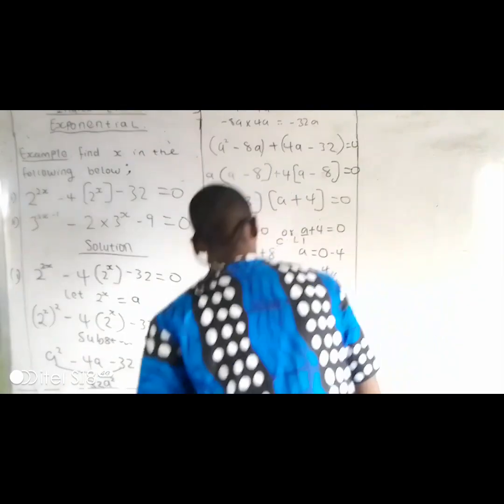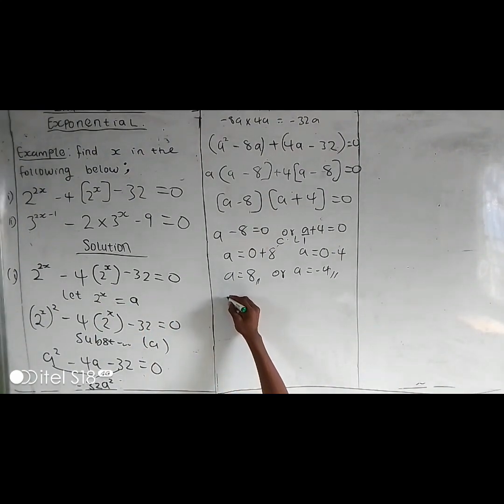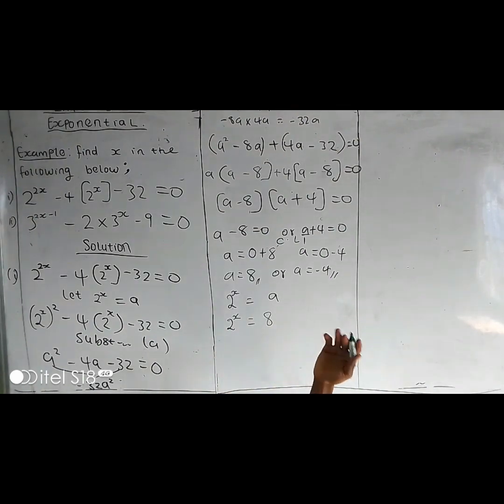Now, since this is a, and they are asking us to find x, and I know that 2 raised to the power x is equal to a, and I now know that a is the positive value, which is 8. So are you seeing it's brought back to the normal exponential that we just concluded? You can watch that video on the exponential that I concluded and posted.